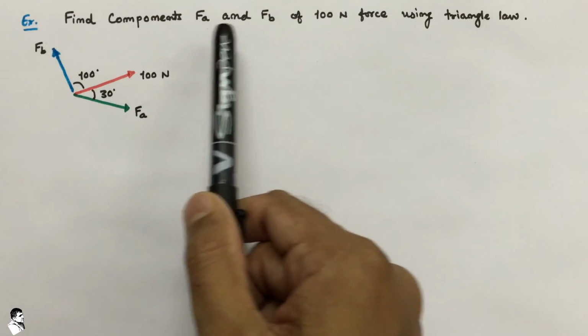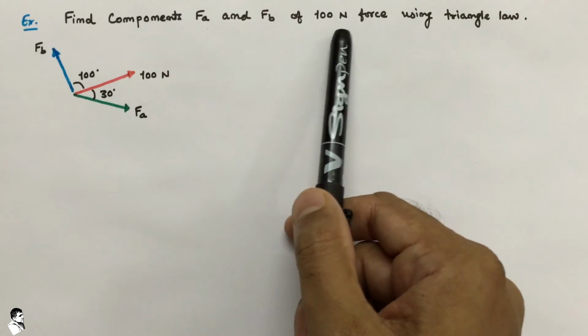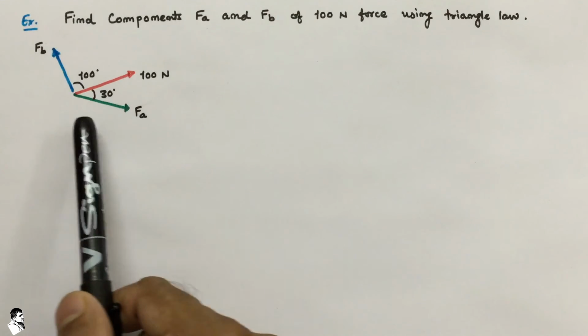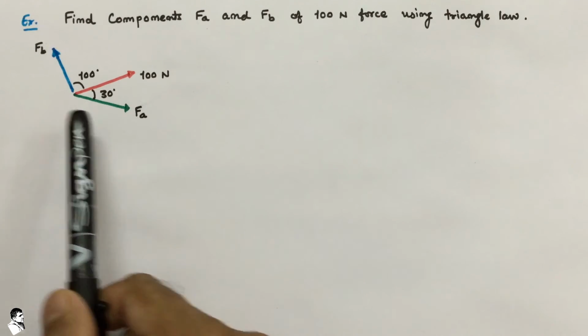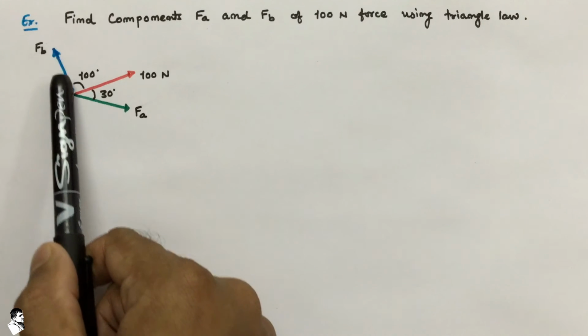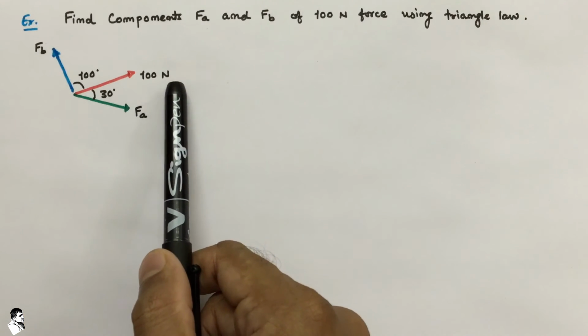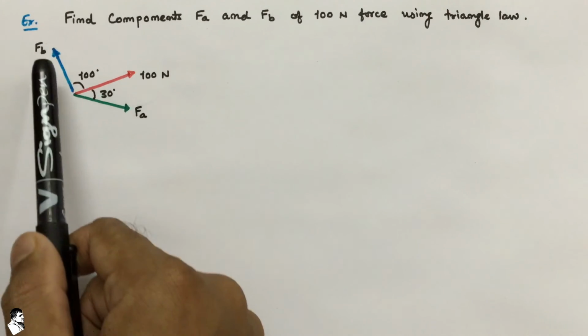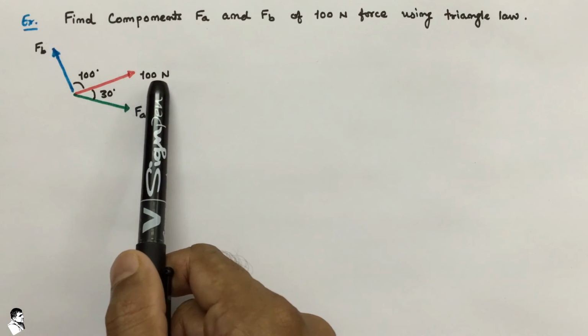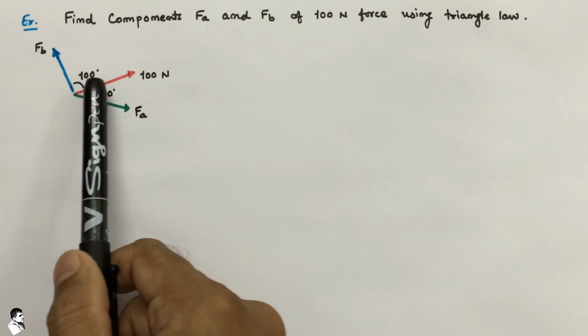Now here in this example, we require to find out components FA and FB of a 100 Newton force. So here this is FA component and this is FB component, and this one is the 100 Newton force.